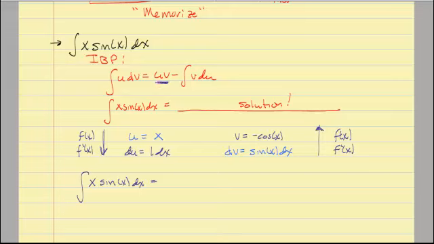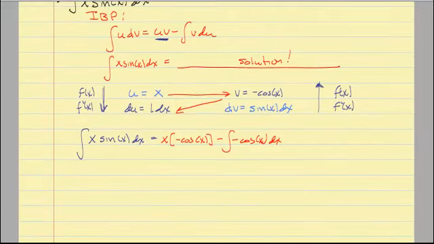The formula here is I should take u times v, so let's go ahead and do that. uv is x times negative cosine of x, minus my integral, and again that's coming from right up here, minus the integral v du. V is negative cosine of x, and du is dx.